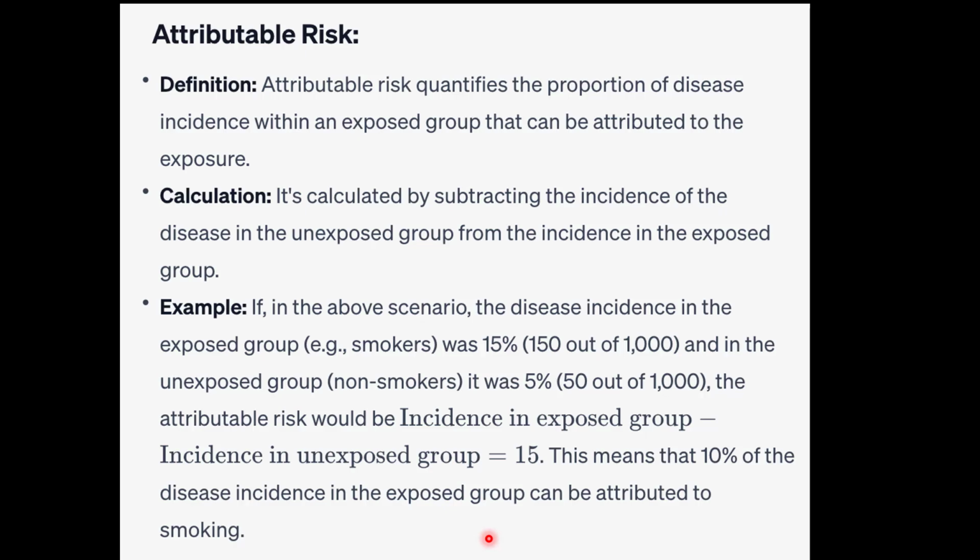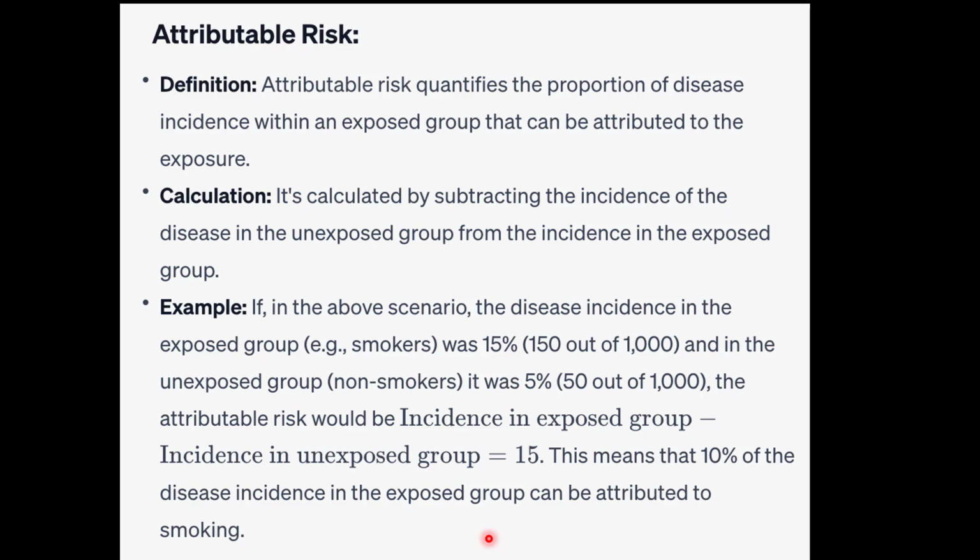So in the above scenario, the disease incidence in the exposed group was 15%, and in the unexposed group it was 5%. So the attributable risk would be the incidence in exposed minus the incidence in unexposed, which equals 10%.